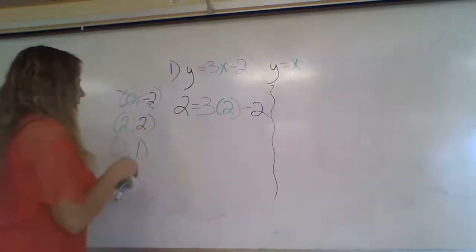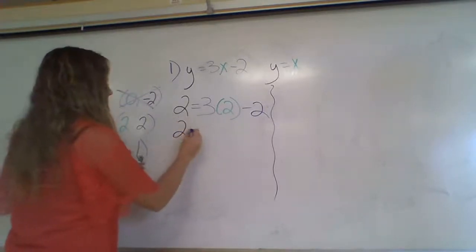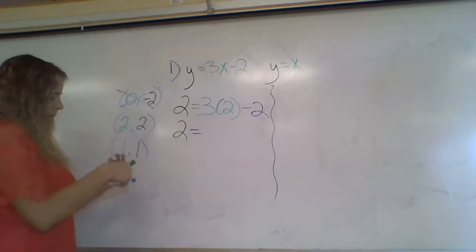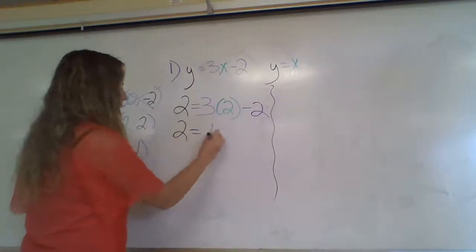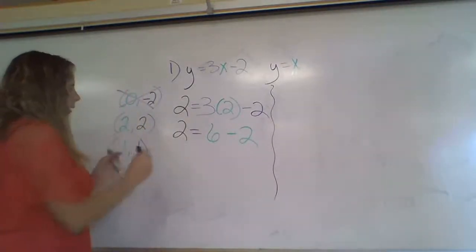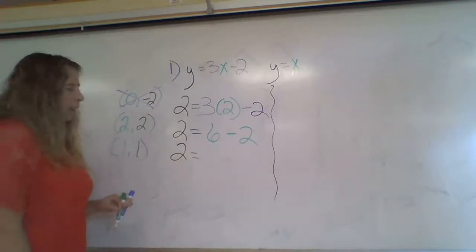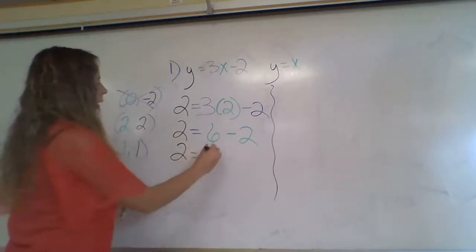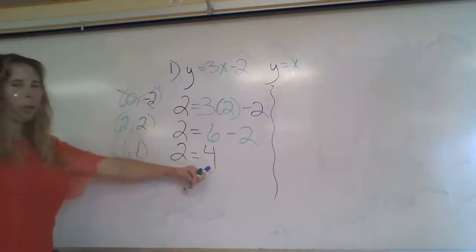Okay. So you get 2 equals 3 times 2 is 6, minus 2. So you get 6 minus 2 is 4. So is 2 equal to 4?